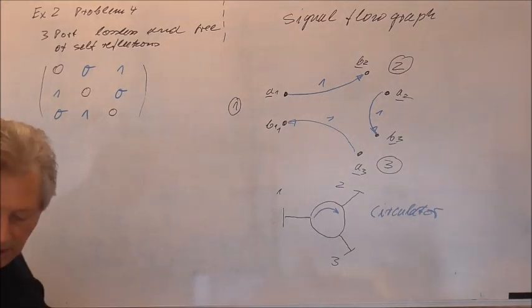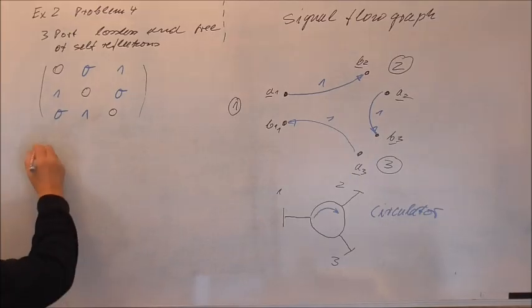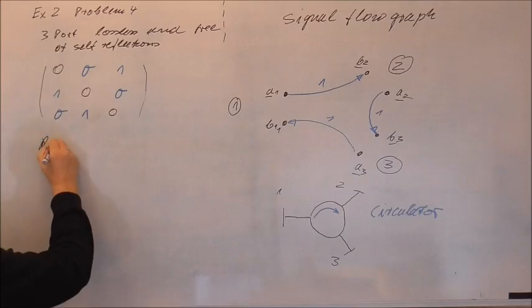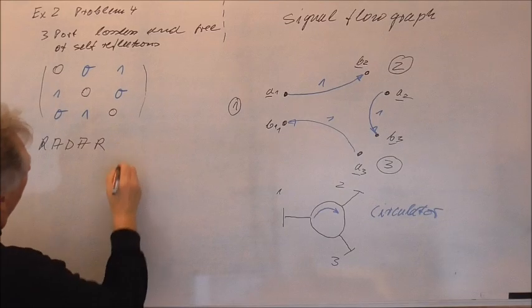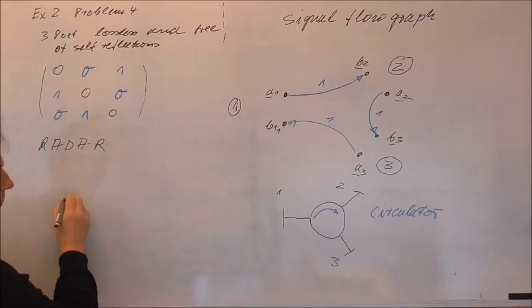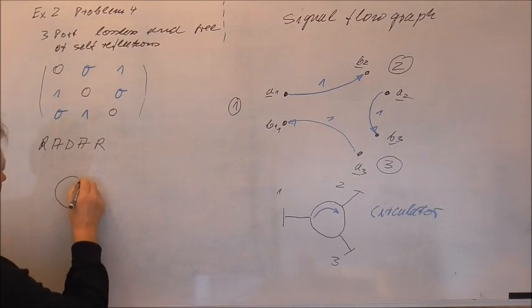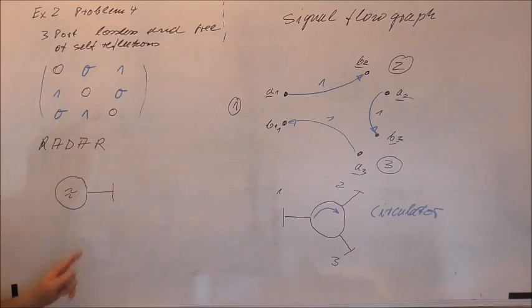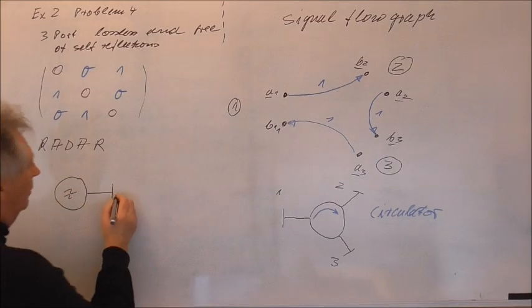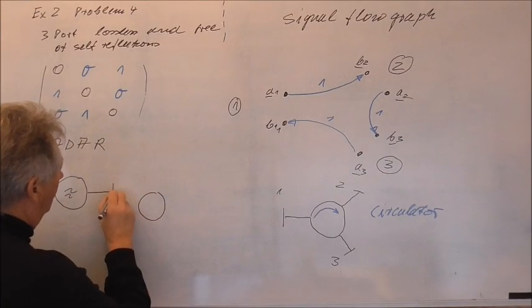And what can we do with a circulator? We can, for example, build a radar application. This is quite easily done. We take a signal generator, I sketch it like this, and we insert the signal generator into port 1.